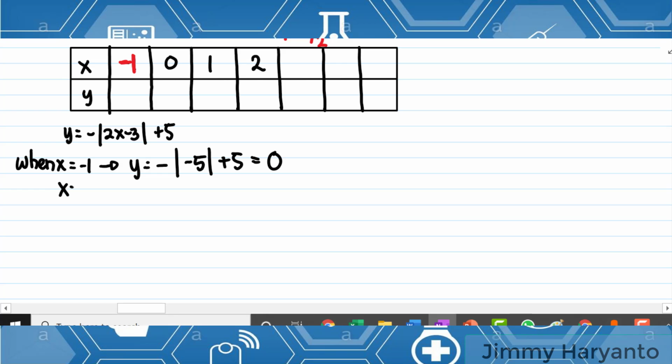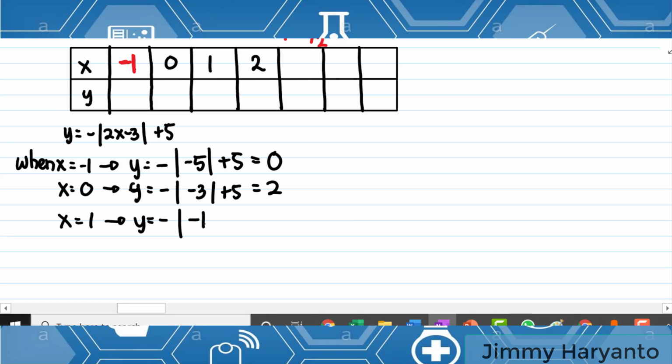Next, when x equals 0, y equals negative 3 plus 5 equals 2, and x equals 1, negative, in the bracket 2 times 1, 2, 2 minus 3, -1, plus 5, it will be -1 plus 5, it's 4. x equals 2, y equals negative, in the bracket 4 minus 3, it's 1, plus 5, it will be also 4.